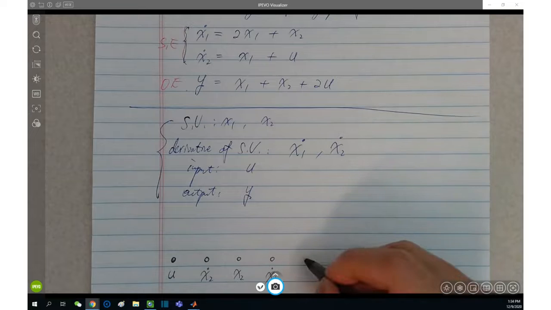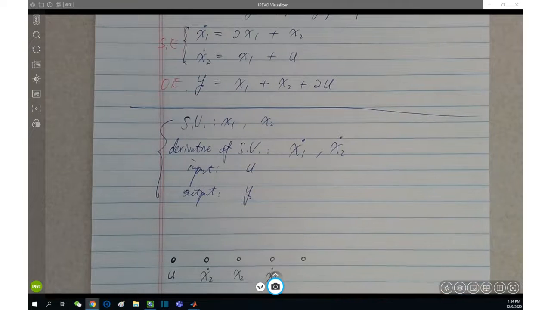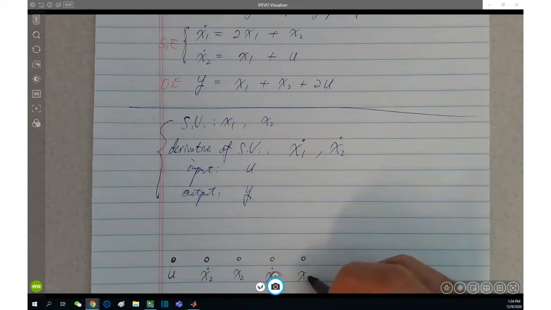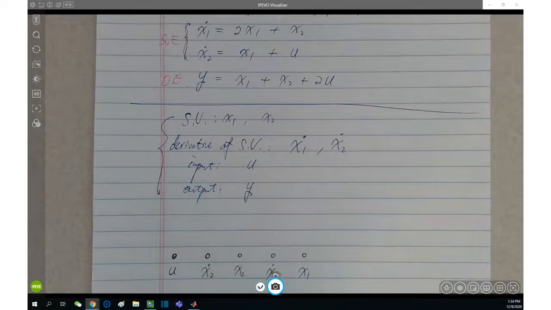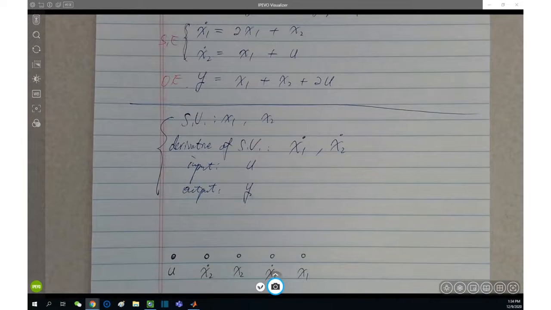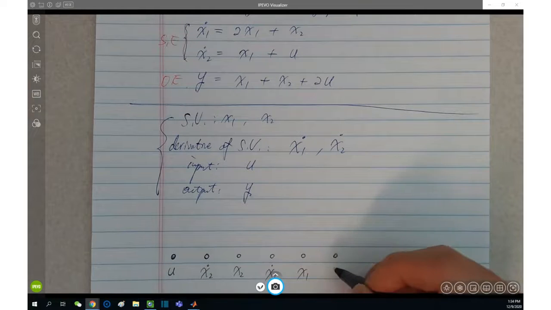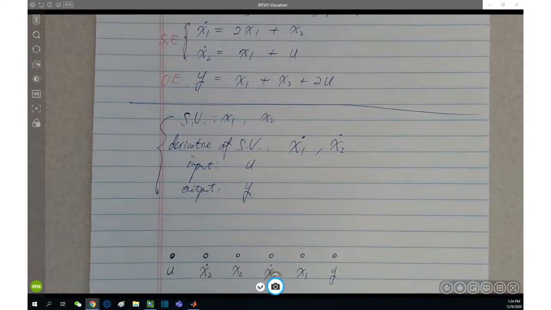Followed by the second last state variable itself, which is x1. No more, since we only have 2 state variables. So with their derivatives, we have 4. 1, 2, 3, 4. The last signal here is the output y. Done.